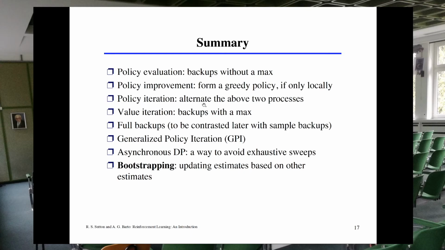Policy iteration alternates both processes, so you need to apply evaluation and improvement. In value iteration, you back up with a max. Here you just select the best action and you update the value based on that action.